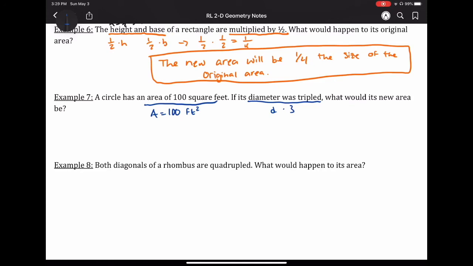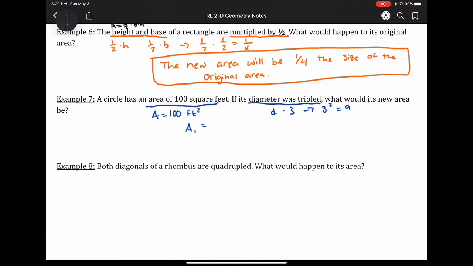So you're going to do the same process where you square the change, which in this case 3 squared is equal to 9, and that is going to change the area. So my new area is equal to the previous area times 9, or 9 times the previous area, which in this case is 9 times 100, which is equal to 900. So the new area is equal to 900 feet squared.